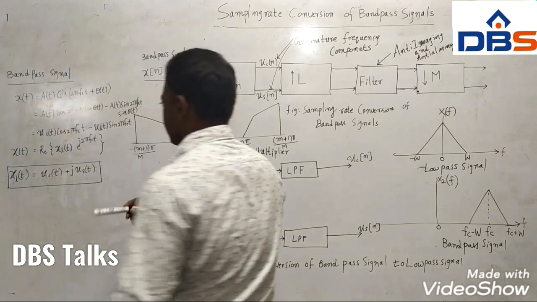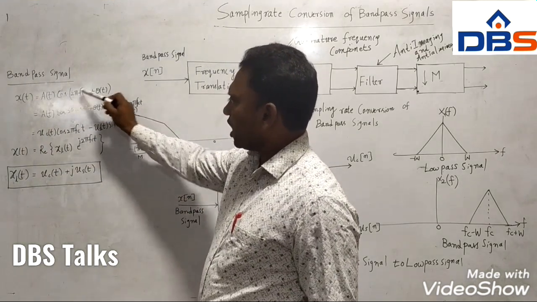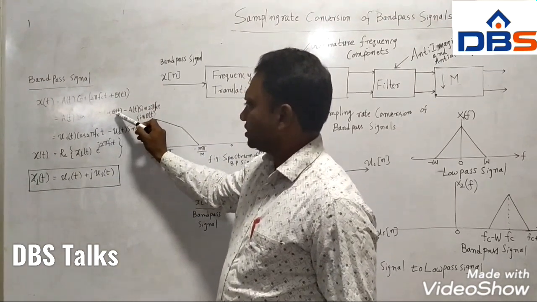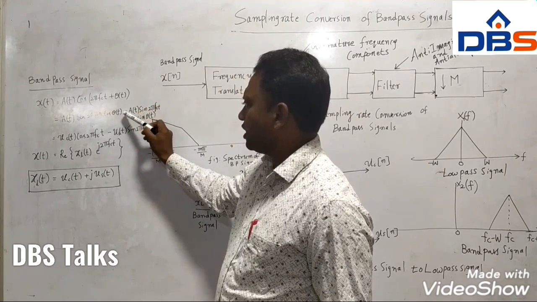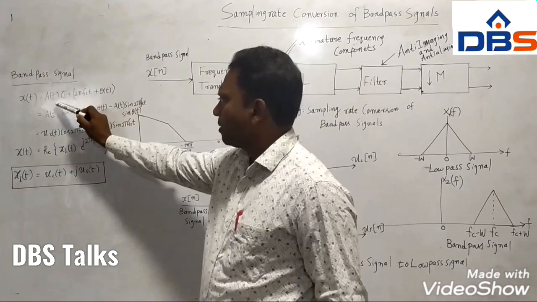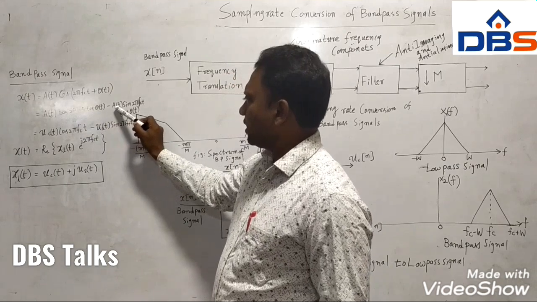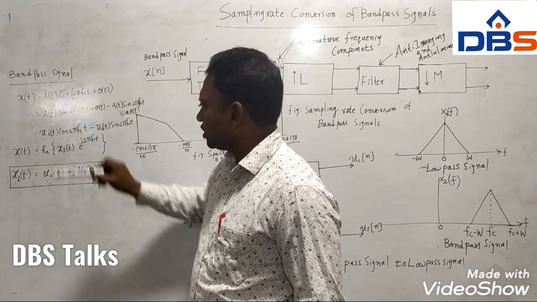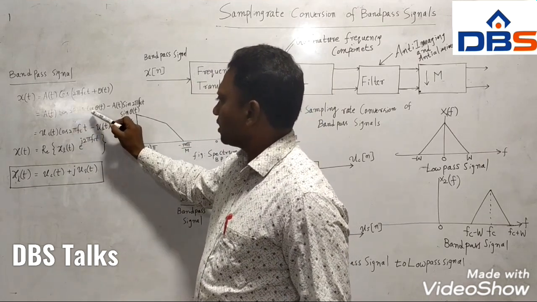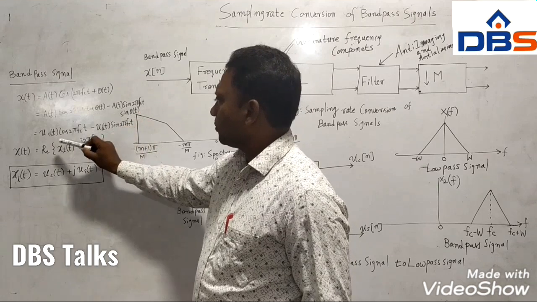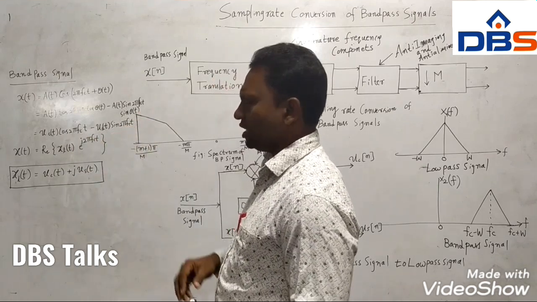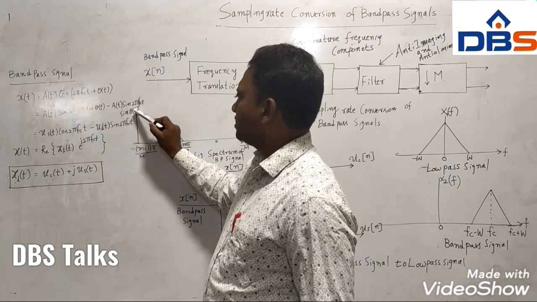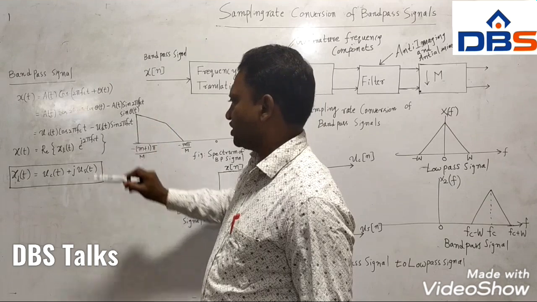Using cos(A plus B) equals cos A cos B minus sin A sin B, we get A(t) cos 2 pi fc t cos theta(t) minus A(t) sin 2 pi fc t sin theta(t). Now A(t) cos theta(t) is represented by Uc(t), the in-phase component, and A(t) sin theta(t) is represented by Us(t).